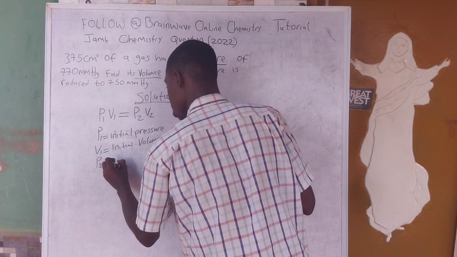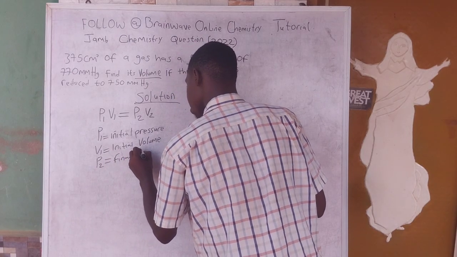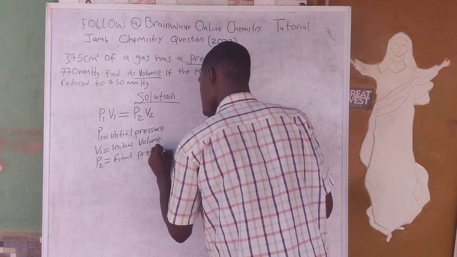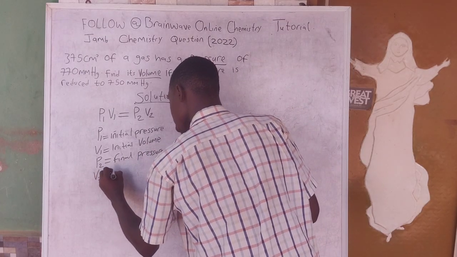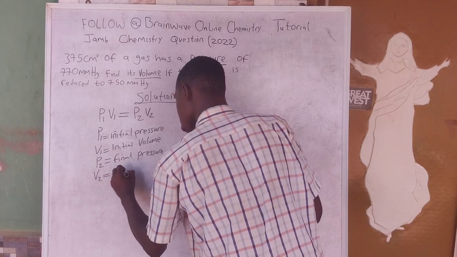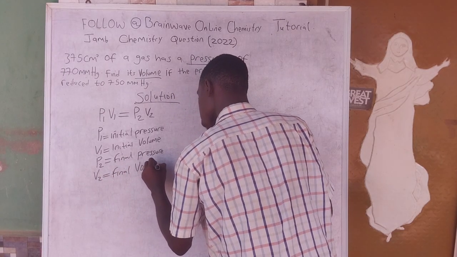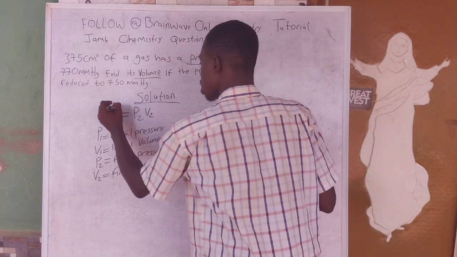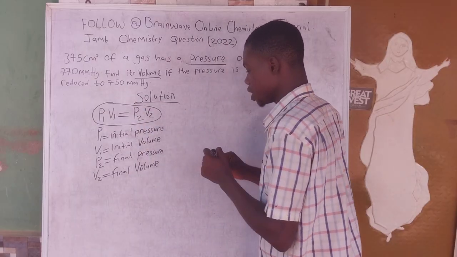P2 is the final pressure, while V2 is the final volume. So now this is the Boyle's law equation: P1 V1 equals P2 V2.